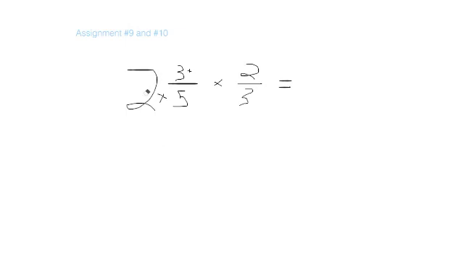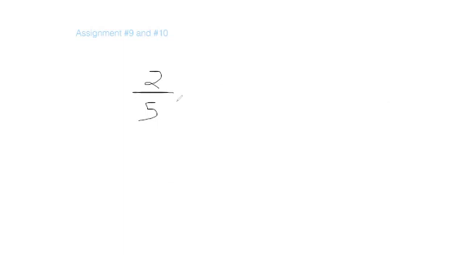Now, just to cover again, a lot of these are all going to be similar. Let's say that we're dividing two fractions now. For dividing two fractions, let's use something like 2/5 divided by 4/7, something like that, right?